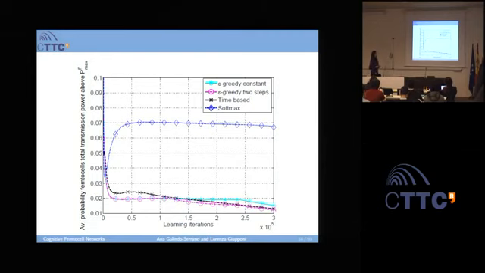And as you can see, it starts working very well, but after a period of time, it becomes completely greedy, so it will not explore anymore. And the problem here is that the design of this kind of methods is really tricky.